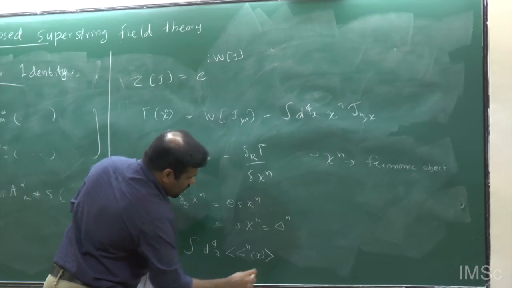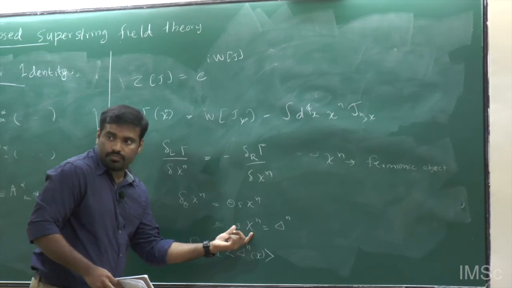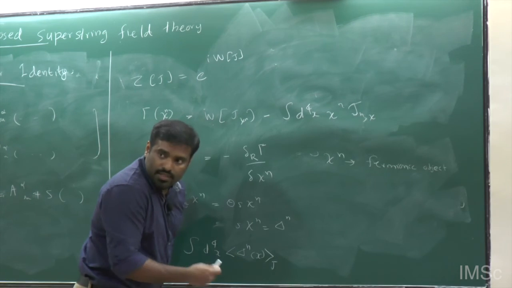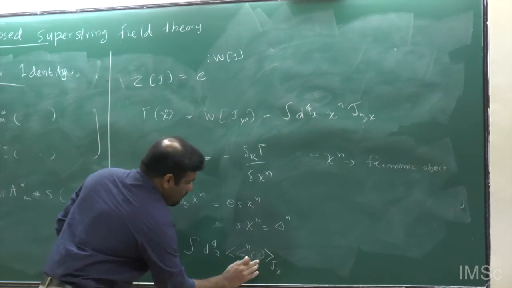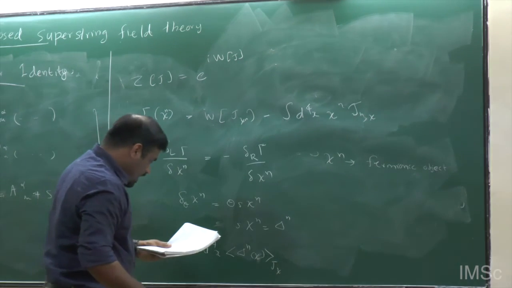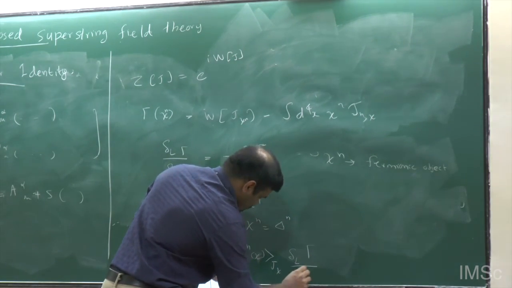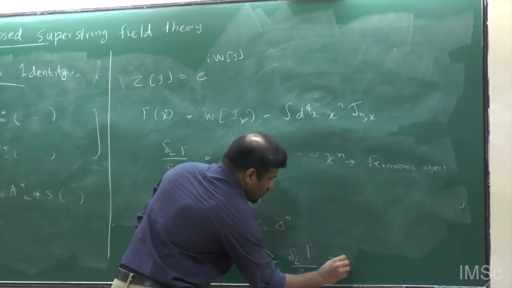So you have to compute an expectation value for this piece without turning off the source. With the source, you compute the expectation value, and then multiply with the left derivative of Γ with χ_n(x). This is equal to 0.